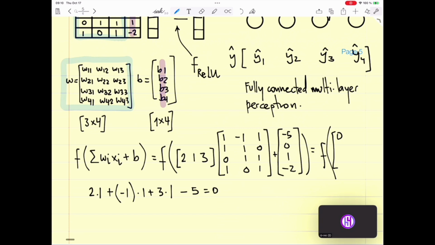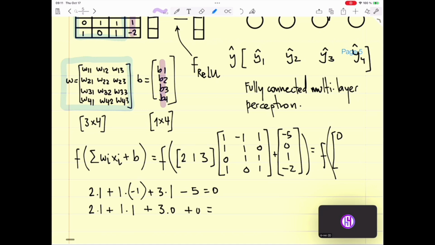Then I do again 2 times 1 plus, let me put it in the right order, 1 times -1, to always follow the same order. 1 times 1 plus 3 times 0 plus 0.